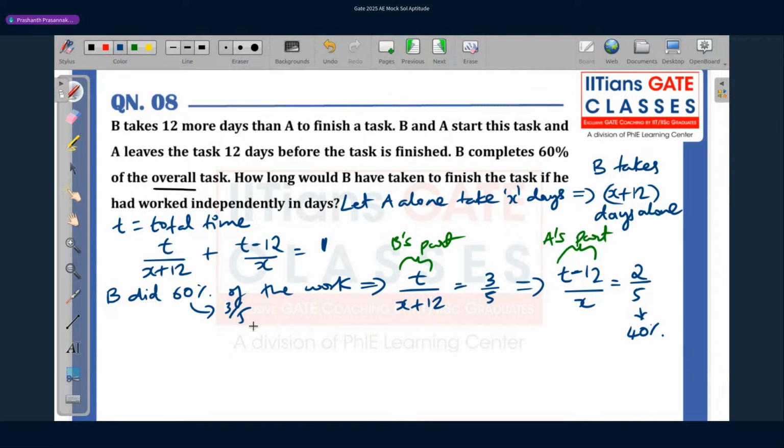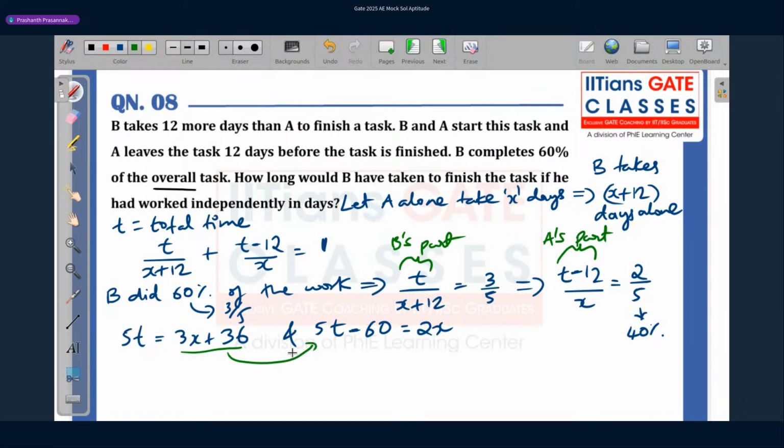So let's solve this. The first one, if I take 5t is equal to 3x plus 36. And if I take the second one, it is 5t minus 12 into 5, which is 60, equal to 2x. This 5t I'll put over here.